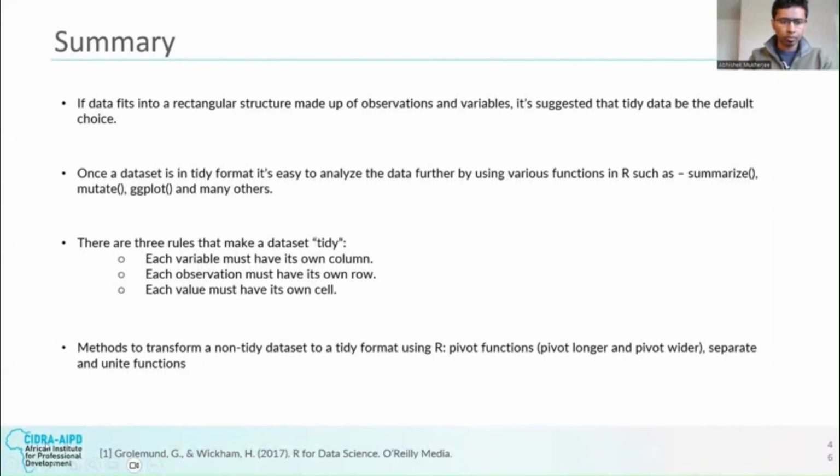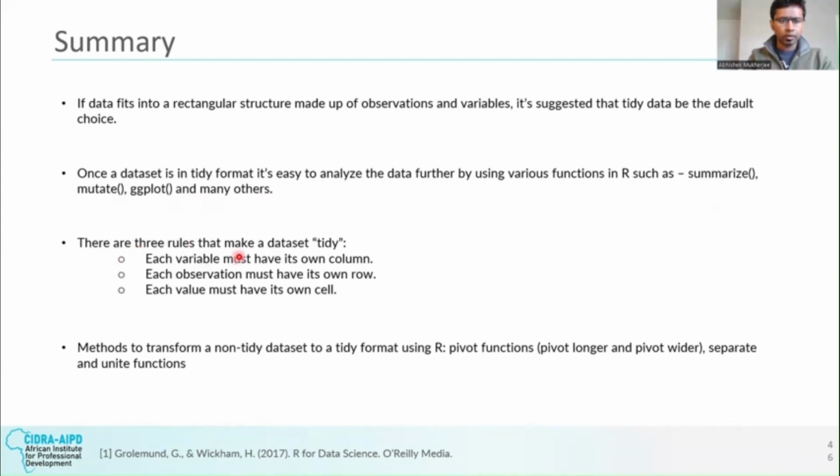Okay, so to summarize our lecture here, like we had just seen in the previous slide, if our data fits into a rectangular structure made up of observations or rows and columns or variables, it is suggested that tidy data be the default choice. Once a data set is in a tidy format, it's very easy to work with the data further by using various functions in R, such as the summarize function, mutate function, ggplot function, and many other functions, as we had seen in our different exercises.